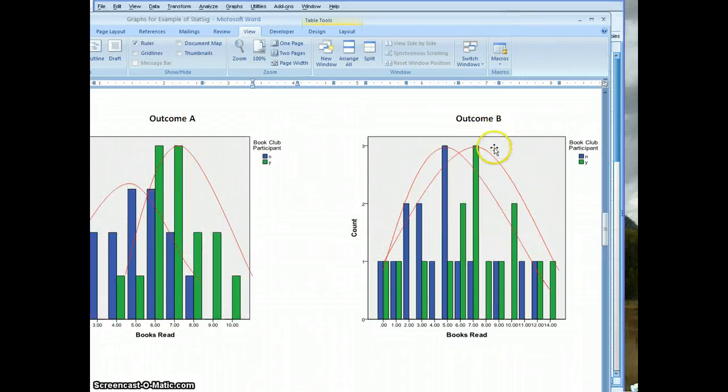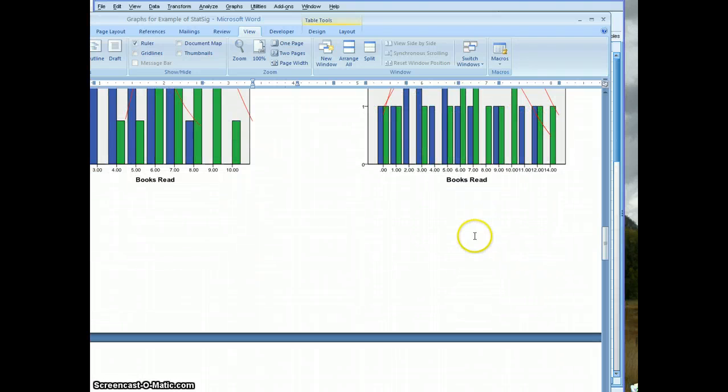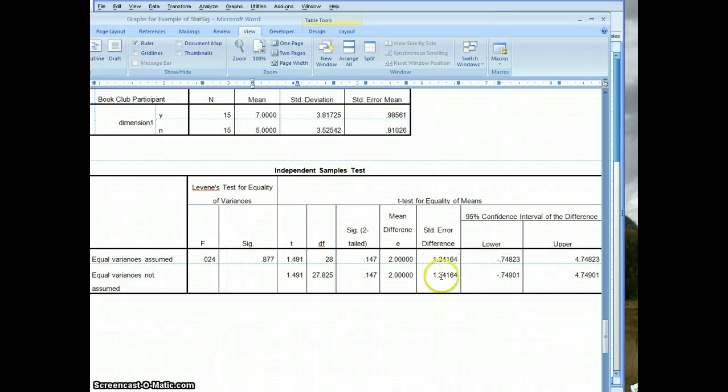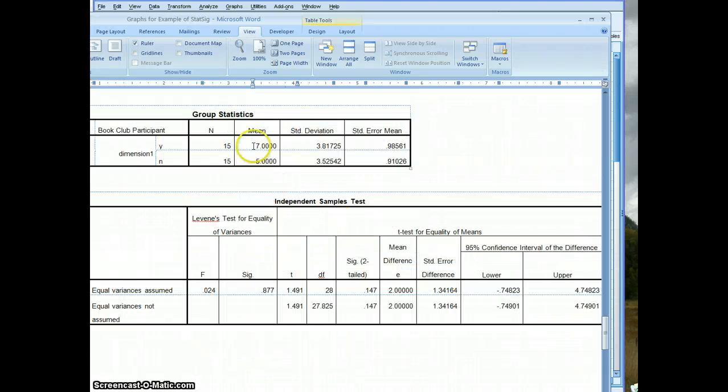Again, for outcome B, we can see in green those who are in the book club, and in blue those who are not in the book club. That's the reason there's not a significant difference. I'm going to go down here to the bottom of this, and you can see the mean and standard deviations.